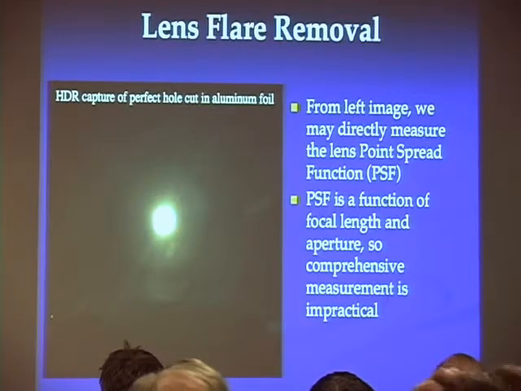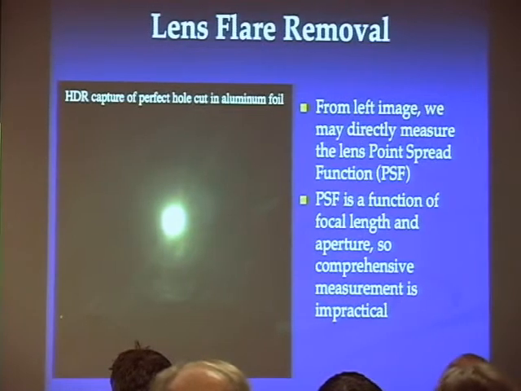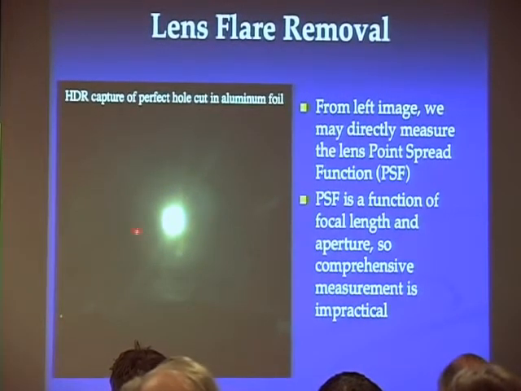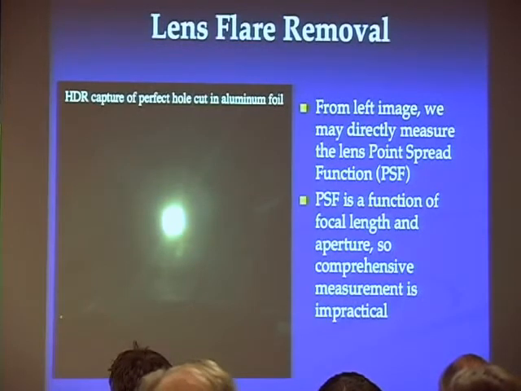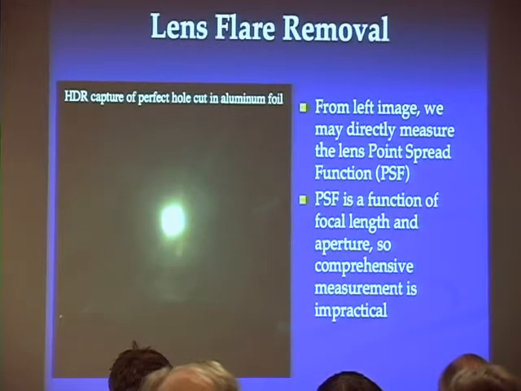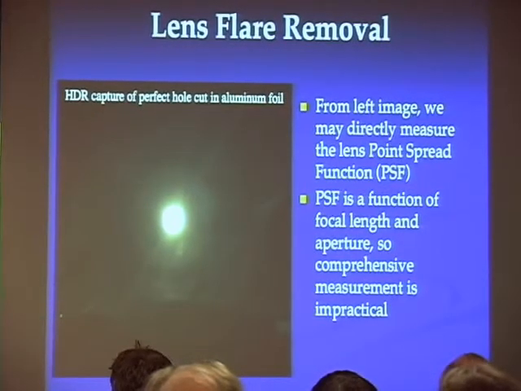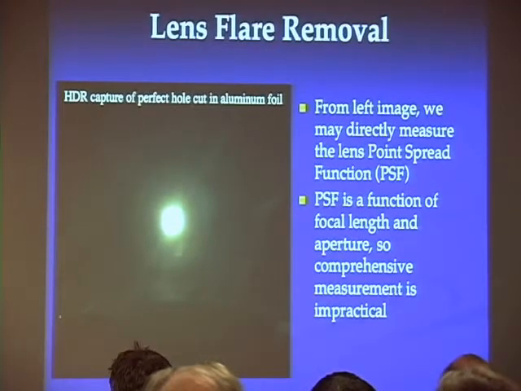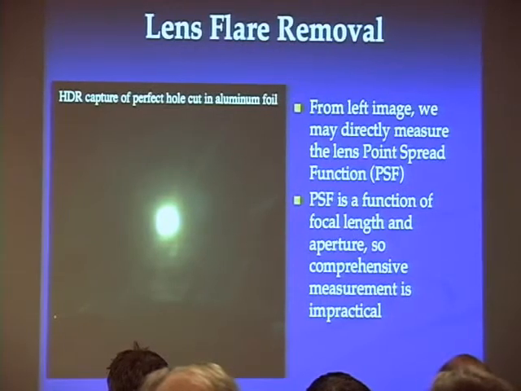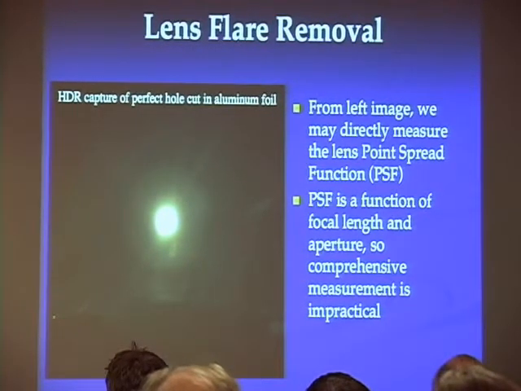So this should be a perfect circle if it were a perfect lens, but as you can see, there's quite a bit of energy that is exposing the sensor around that position. So from this image, you could actually derive what the point spread function is and correct for it. I mean, you could just also go into Photoshop and make a circle of the right size and say, I'm done. But you don't get this kind of image to work with.